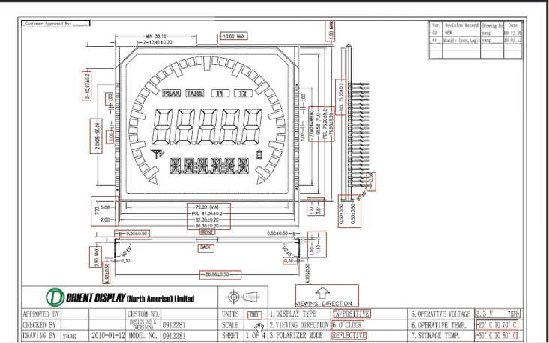At the bottom, we can see that this is the viewing rule, and this is the viewing direction. From the bottom, we know it's 6 o'clock, and we see the part number, and it's a TN positive. It is 6 o'clock, reflective, and the operating voltage is 3.3 volts at 75 hertz.